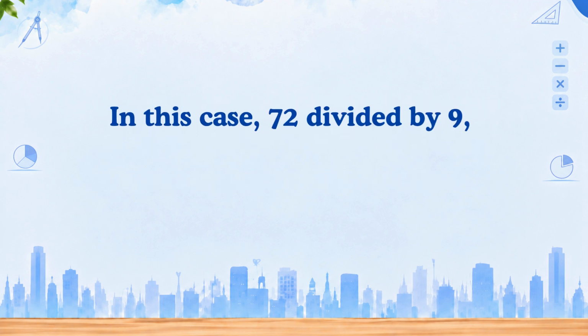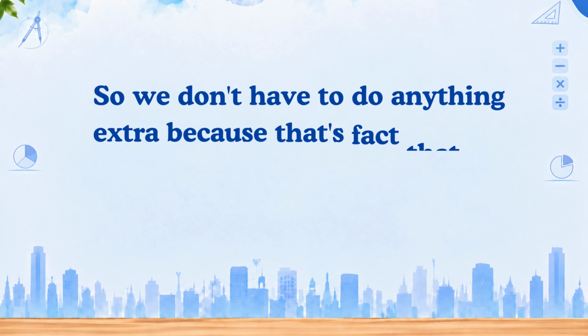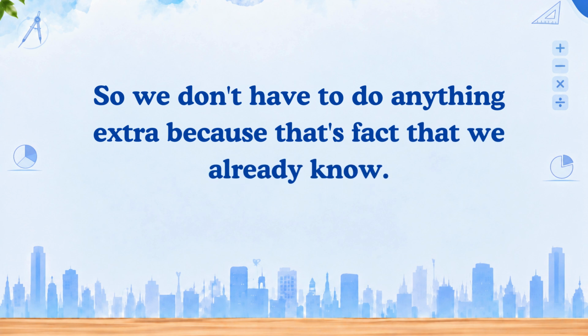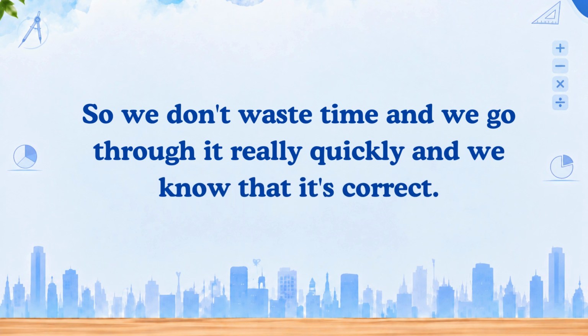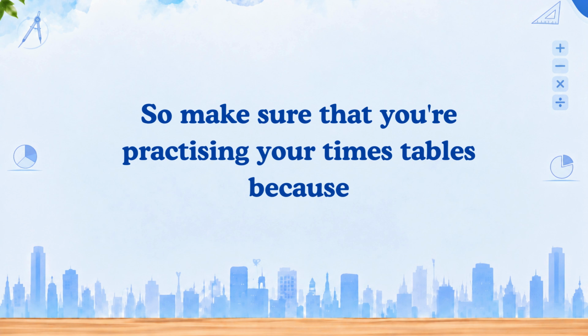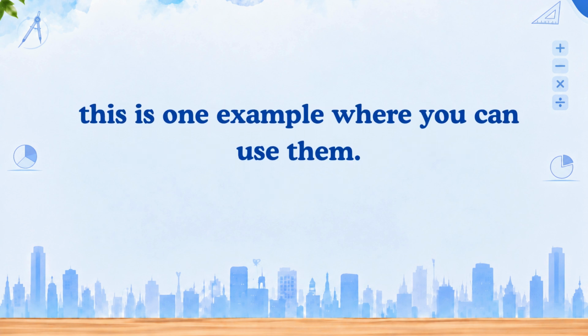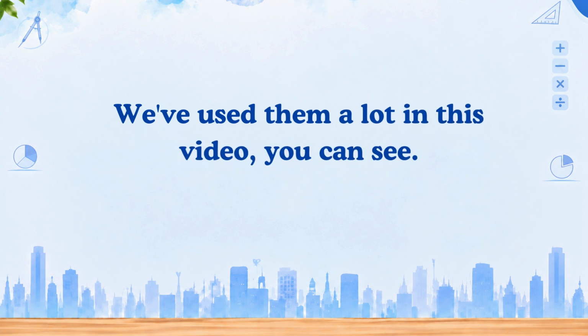In this case, we know 72 divided by 9 is 8 because we've learnt that. So we don't have to do anything extra because that's a fact we already know. We don't waste time and we know that it's correct. So make sure that you're practicing your times tables because this is one example where you can use them. We've used them a lot in this video, you can see.